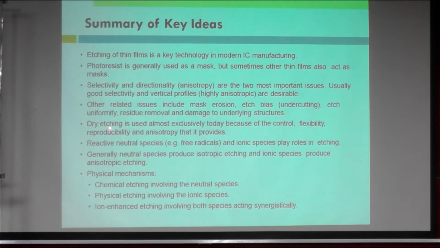underlying structures. Dry etching is used almost exclusively today because of the control, flexibility, reproducibility, and anisotropy that it provides. Physical, reactive neutral species, free radical and ionic species play roles in etching. Generally, neutral species produce isotropic etching and ionic species produce anisotropic etching.